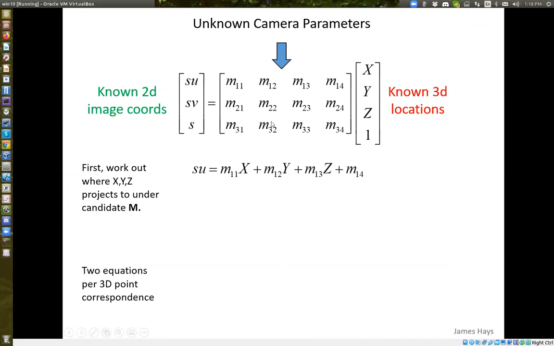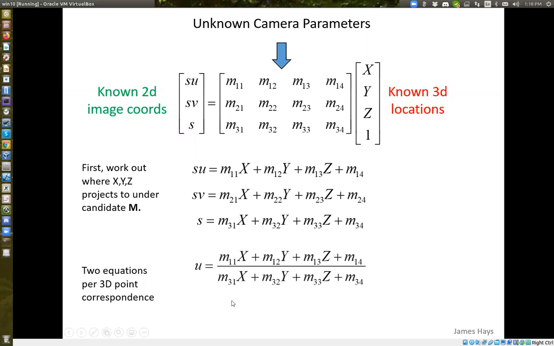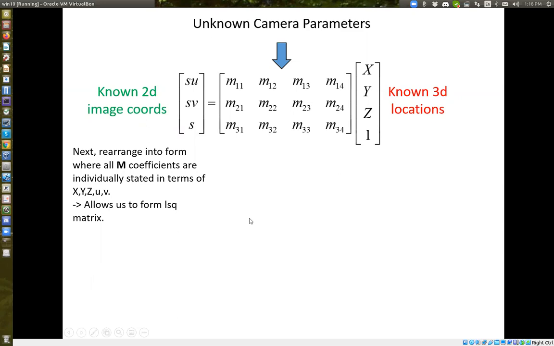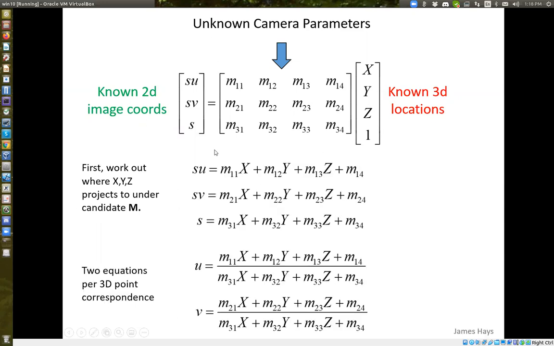Then, knowing that these are the parameters, we can rearrange into a set of linear equations, right? Basically, we have SU equal to this, SV equal to that, and S equal to that.